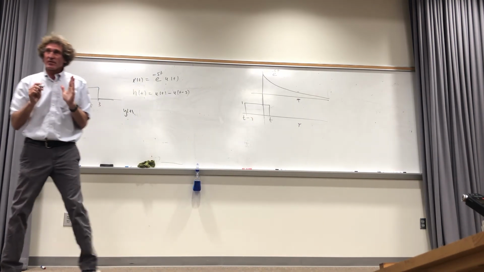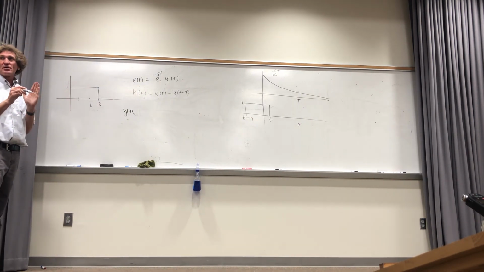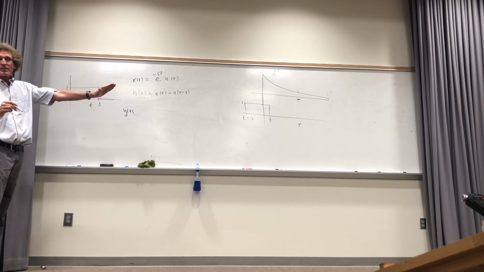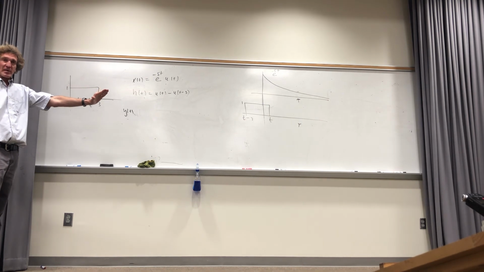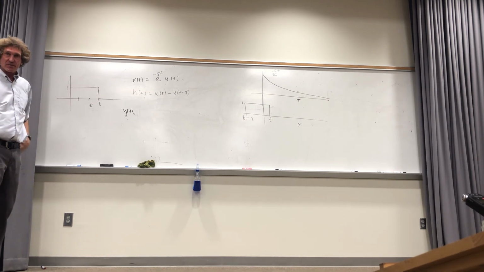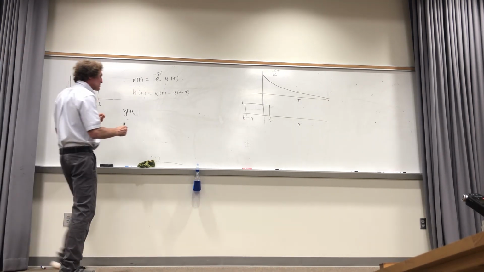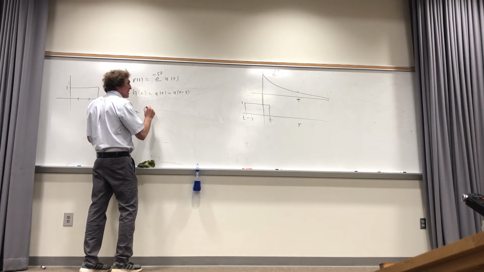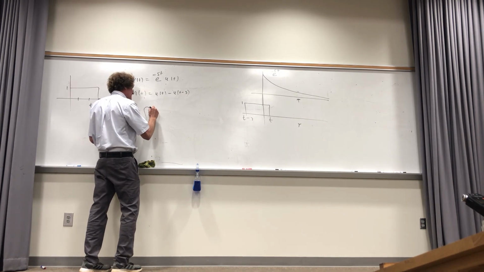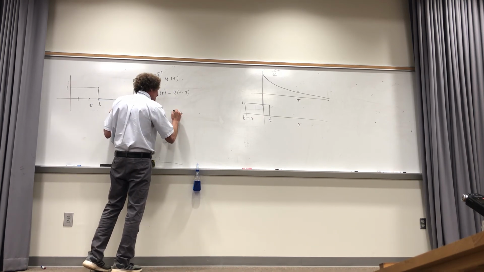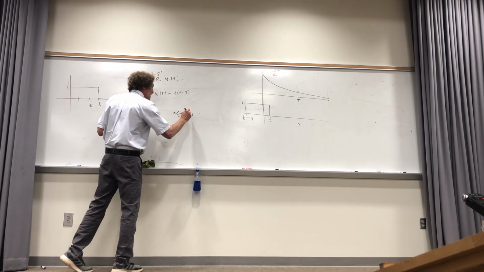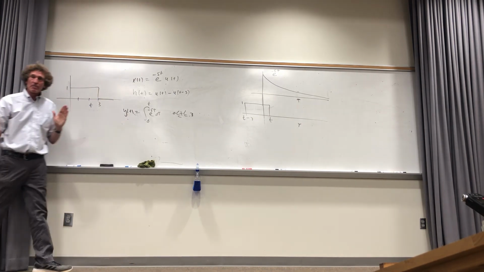I don't want to have you go nuts, but I'm going to make sure you know how to do the basic things. I mean, I could make it a ramp, something that's a definitive functional form, like a minus t or a t. All right, for this one, it's just going to be the integral of e to the minus 5 tau d tau from 0 to t, and that's for t greater than or equal to 0, less than or equal to 3. Do you all agree with me there?